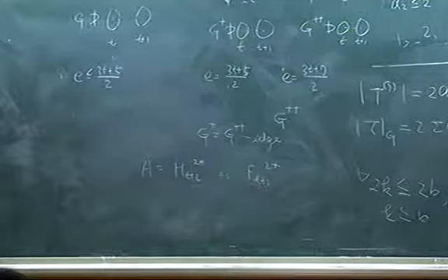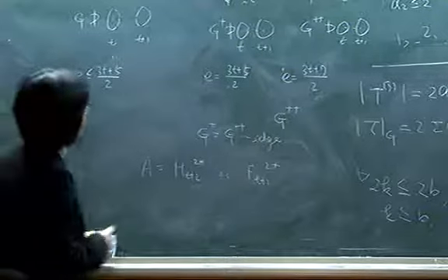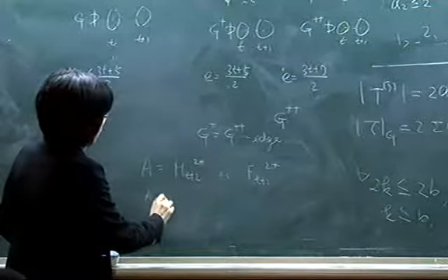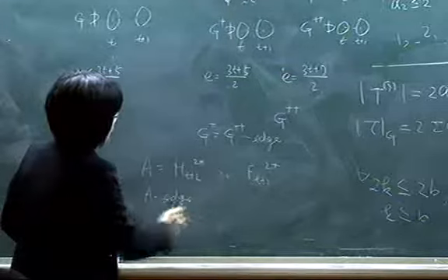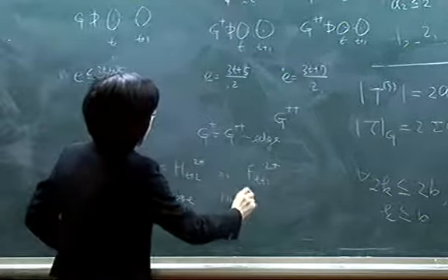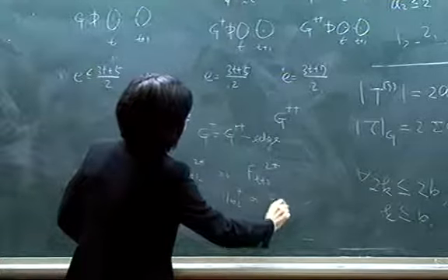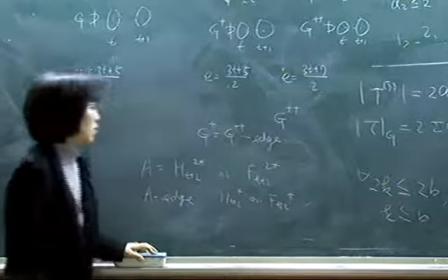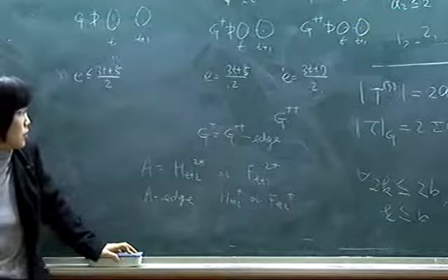Okay, I'm sorry, some mistake. There are two cases for A minus H. If it's connected, then it's going to be HT plus 2 star or FT plus 2 star. In that case, we have too big an independence number.